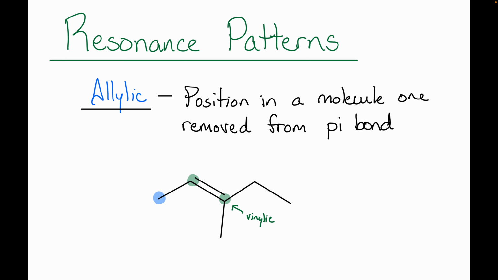So these four positions: 1, 2, 3, and what's at my fourth allylic position? It's not explicitly represented, but implied in our bond line structures. My hydrogen, right? There's a hydrogen sticking up right here. This would be the fourth allylic position. All of these are the allylic positions in this molecule.